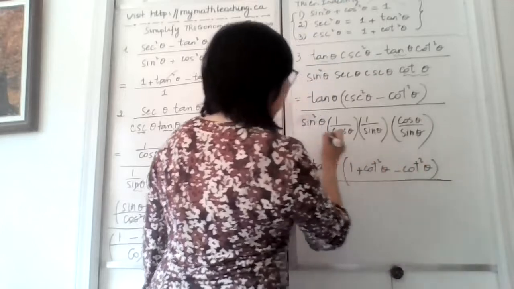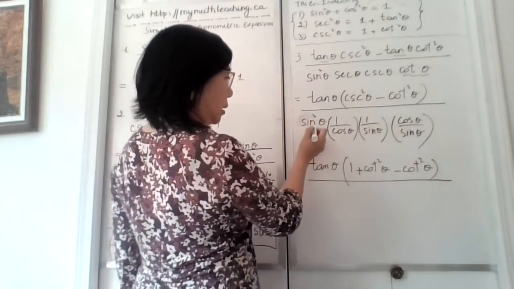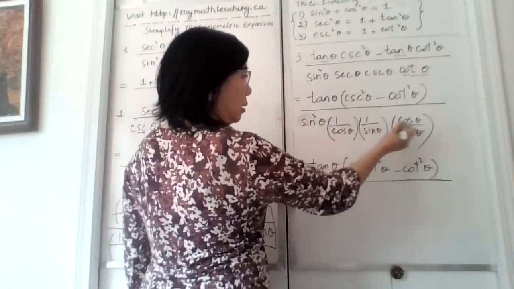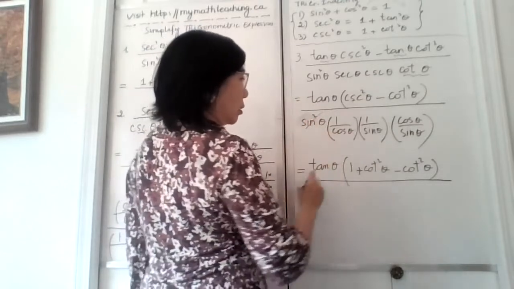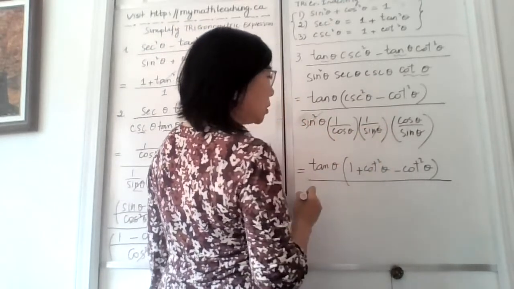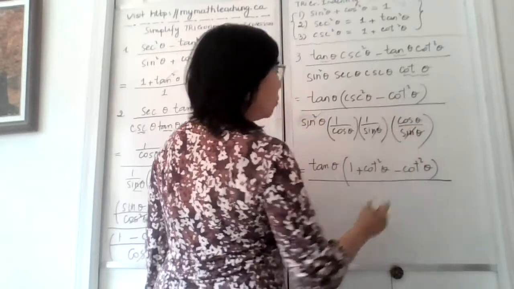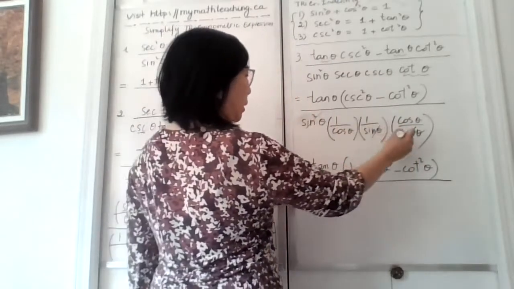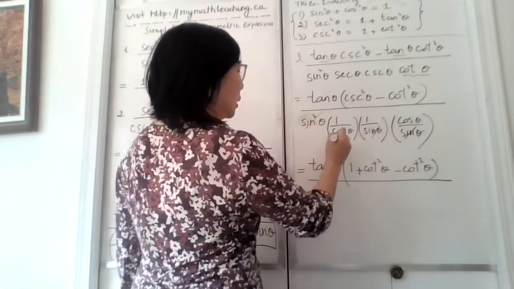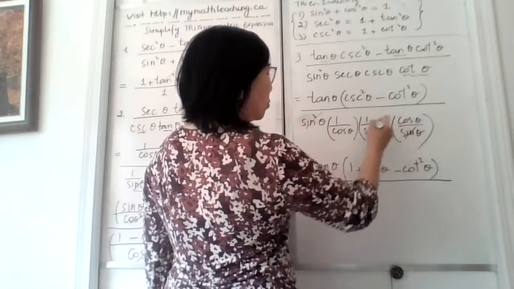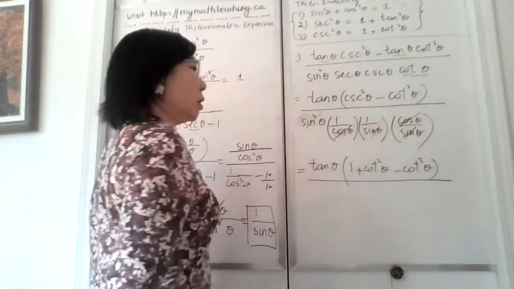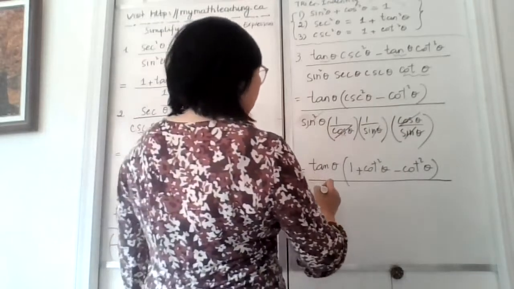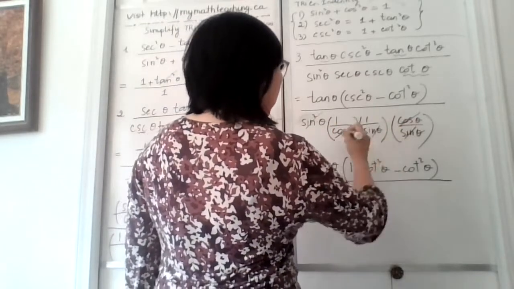Now at the bottom, I can cancel the denominator here. I can cancel sine square theta with the sine theta here, which is power 1, and another one, which is power 2. So we can cancel all of this. Now the cos theta at the bottom is also on top. We can cancel bottom and top as well. So we're left with everything done.